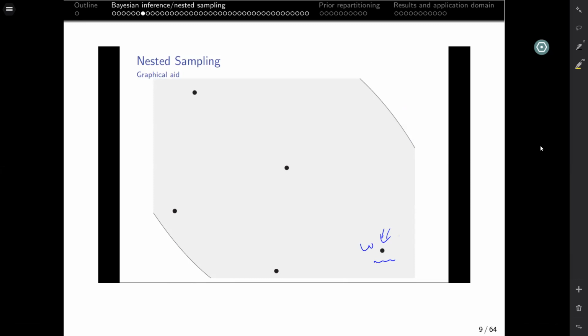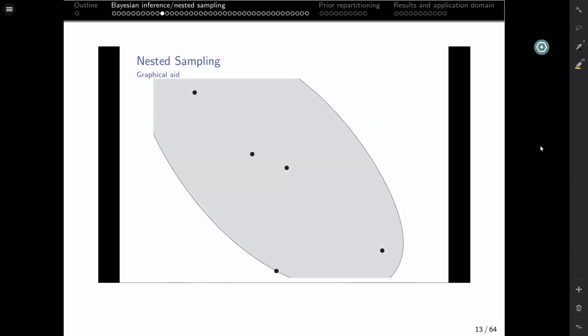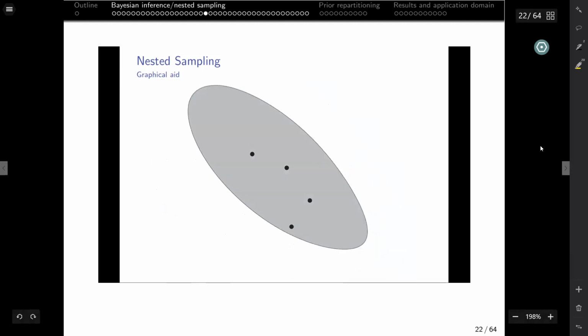And once we get this new weight, we will be able to compare with all the other 4 points, and find another lowest likelihood point, and further constrain the prior space. Then we repeat this process: discard, constrain, resample a new point here, compute its weight, and constrain the prior space. Discard, resample, constrain, discard, resample. Continue doing this.